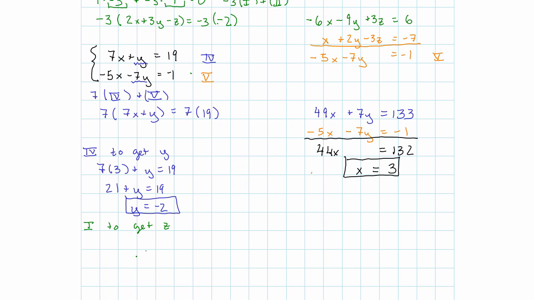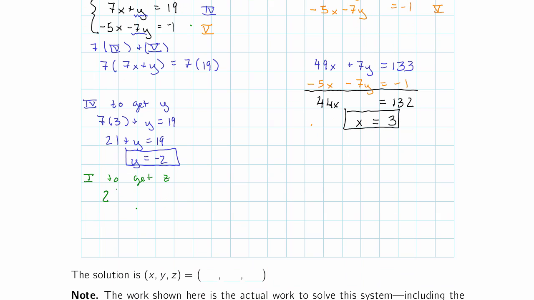Because in equation 1, I'm going to have 2 times my x is 3, plus 3 times my y is negative 2, minus z is negative 2. Oh, I've gotten very lucky here, right? Because this will be 6 minus 6 is 0. And I just have negative z is negative 2. And so z is 2.